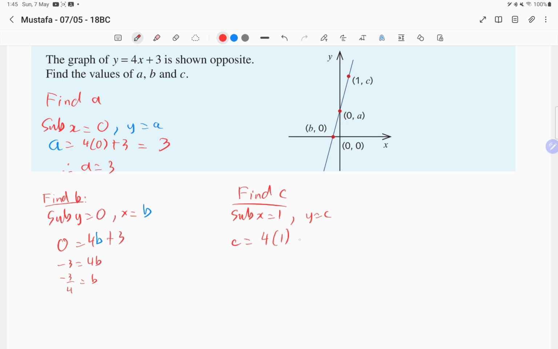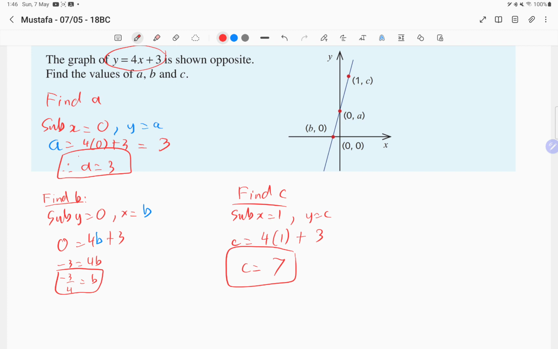Yeah. Plus 3. That is 7. That's right. So yeah, that's how you find A, B, and C.